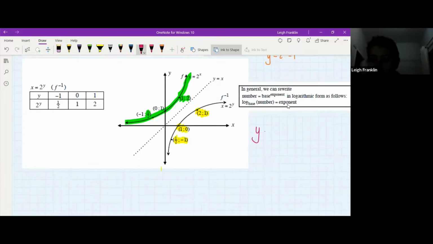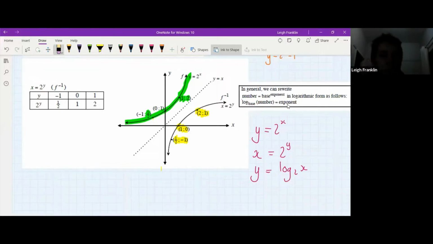So if they've given us y equals 2 to the x, that is number equals base exponent. Then when we are inverting that, we can now make y the subject of the formula and say log base 2 number. So that's this part over here that I was doing.